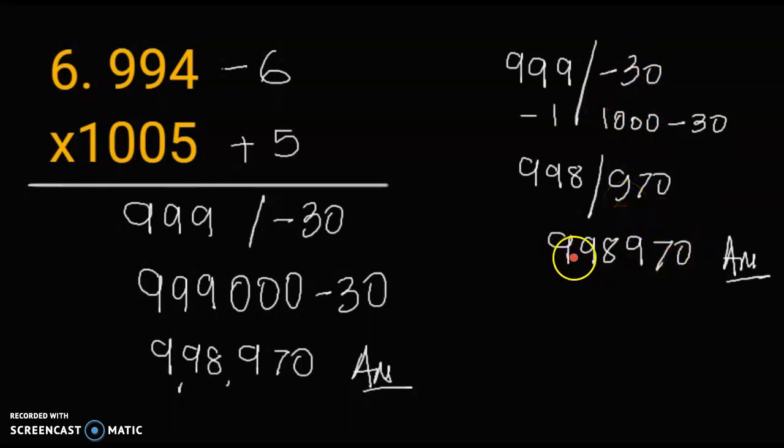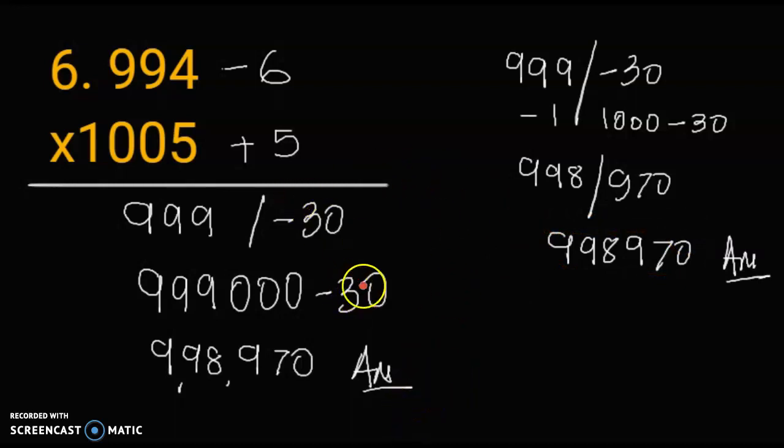So finally 998 and 970 together, which is the same answer which you got by earlier method. So again I am repeating, you can follow any of the method which is easy. For me, the second method is easier, so I always prefer this method, but I have to tell you, you can follow any of the method where you are comfortable with.